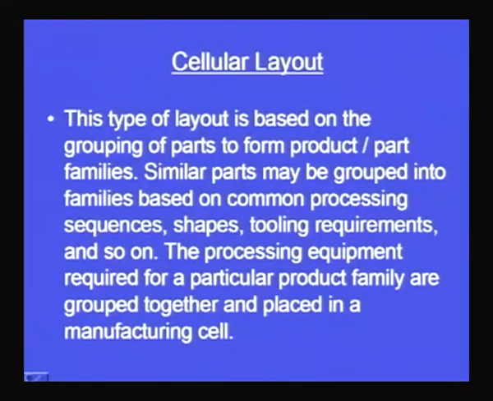First, the processing sequence. Suppose there is a part which requires 5 different operations, and another part which requires only 4 of those 5 operations, and another part which requires 6 operations, out of which 5 are the same as part 1. These 3 parts require similar operations in the same sequence.